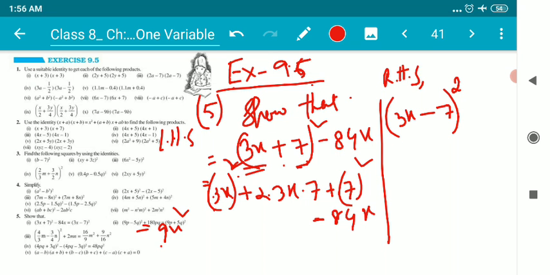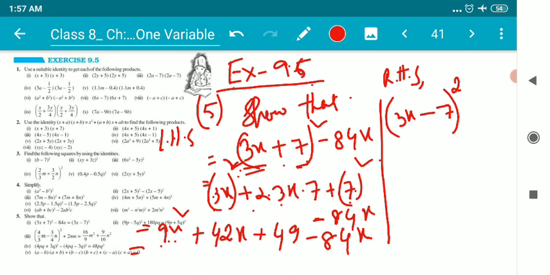So 3 square means 9, and x is having square, so it will be 9x square, plus 3 into 6, 6 sevens are 42x, plus 7 square means 49, 7 sevens are 49, minus 84x.